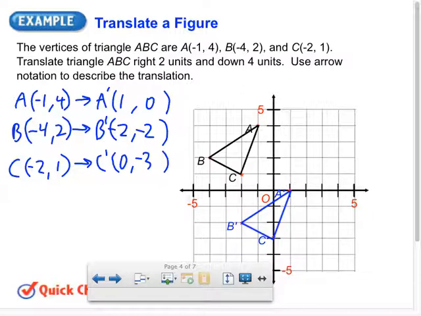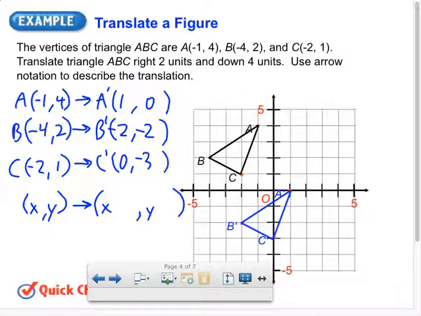Okay. Now let's come up with my arrow notation. Arrow notation says, hey, for any point x and y, let's describe this. So my first coordinate x and my second coordinate y. What is going to happen?